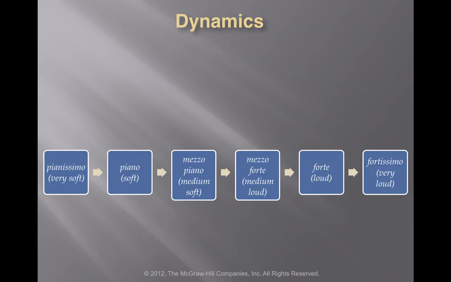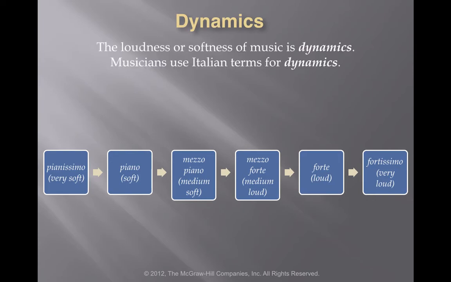Now, moving on past the introduction of sounds and pitch, we're going to start talking about, again, the elements of music, the pieces of music that make it what it is. And one of those elements is dynamics. Dynamics essentially is the loudness or the softness of a piece of music.